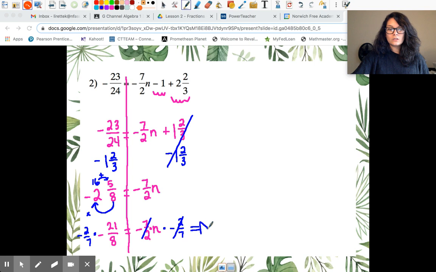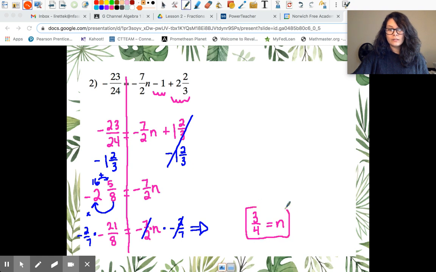I'm going to have to continue my work off to the side here. My n is alone on the left, or excuse me, the right, and I'll use my calculator as a tool to help me to get my final product on the left. They're both negative, so be careful. -2 ABC 7 is how I type -2/7, and then I type times -21 ABC 8, and it's giving me a fraction, a positive fraction of 3/4.